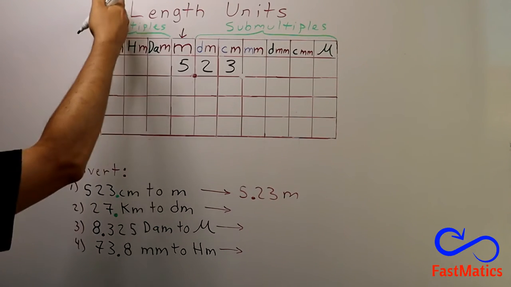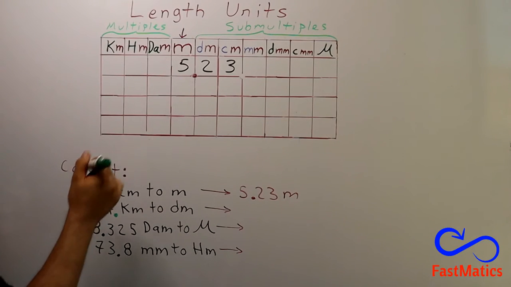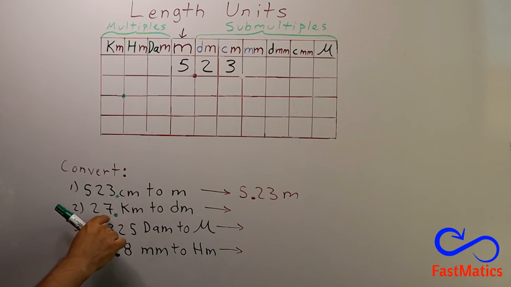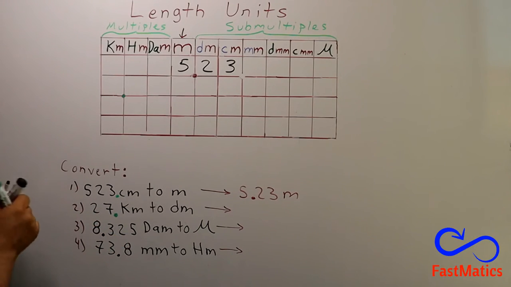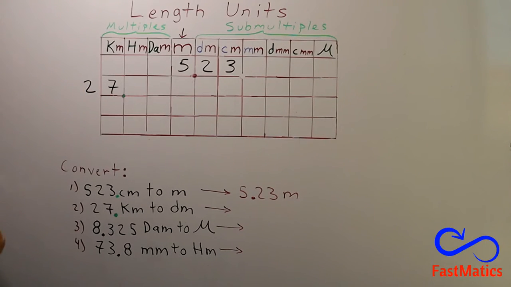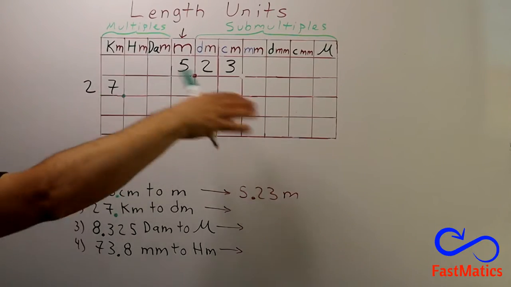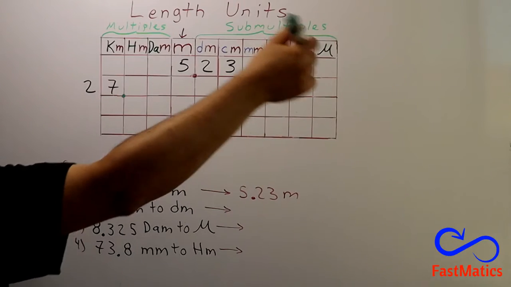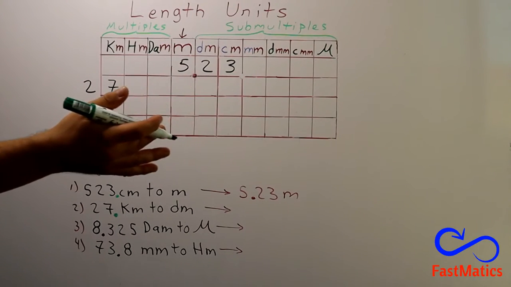So, at the end of kilometers, you put that decimal point. You see that to the left you have 7 and 2. So you write 7 and 2. No problem if you go out of the squares. It is the same to the right. No problem if you are out of the table.